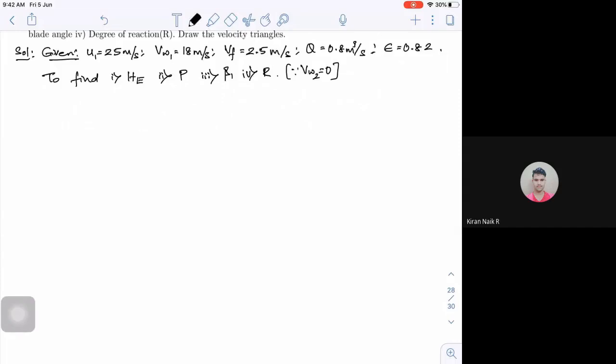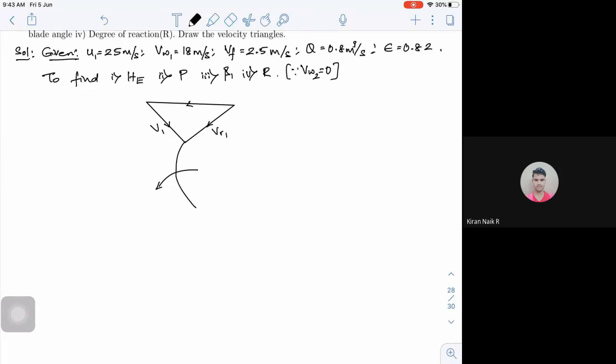So, if I take this as my blade, my velocity triangle will be something like this. This is my inlet velocity triangle. This is my V1, VR1.